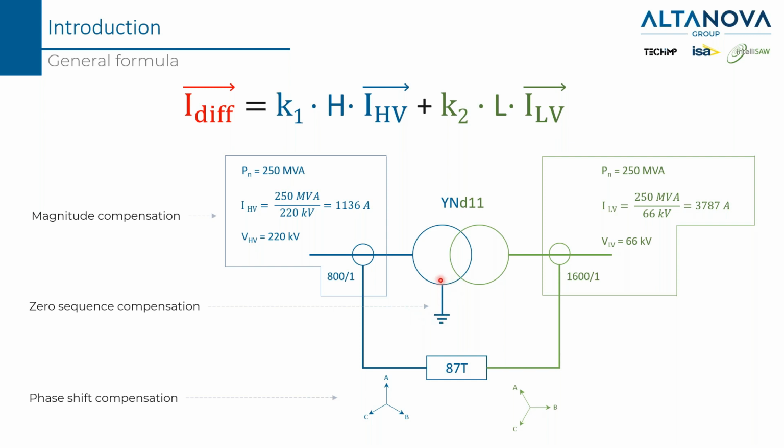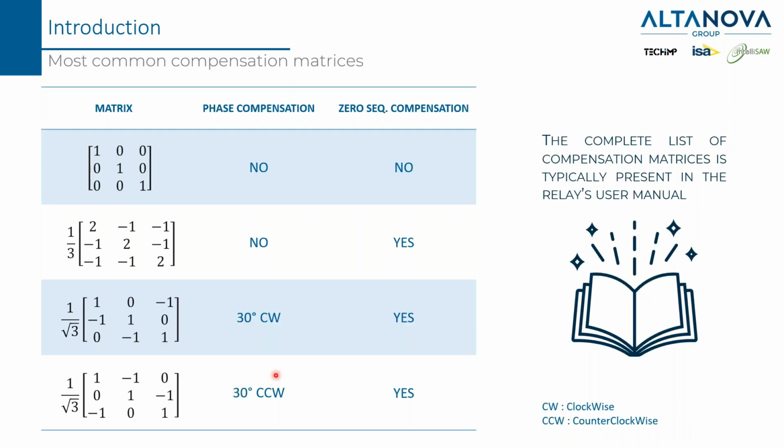In case there is a path for the current to flow into the ground, then you have to apply a zero sequence compensation. And in the end, if the vector group is not the YY0 or delta delta 0 group, then you also have to apply a phase shift compensation.